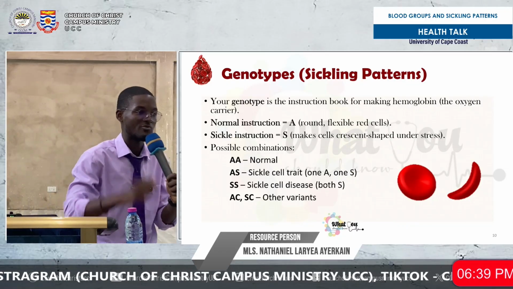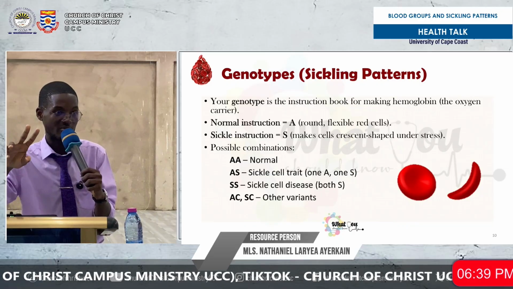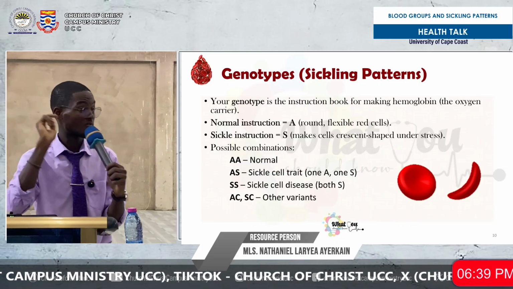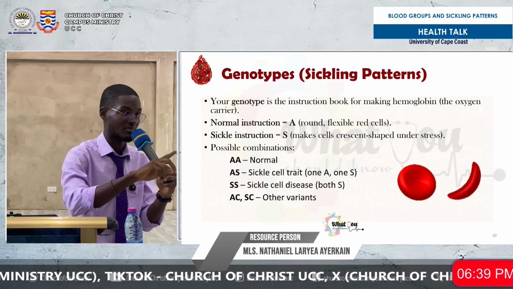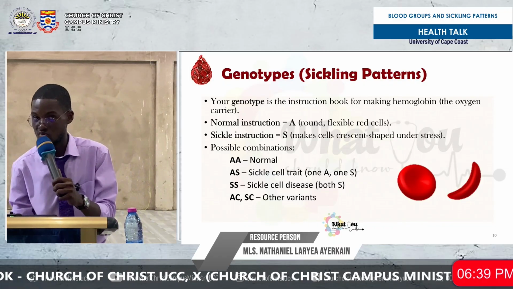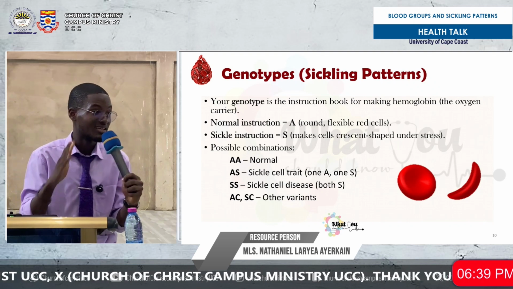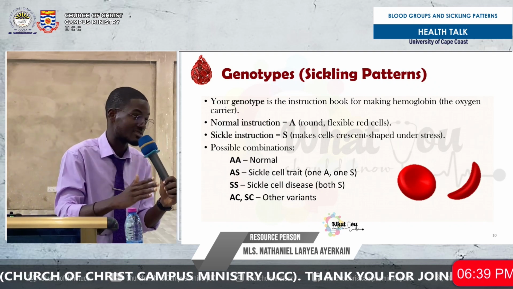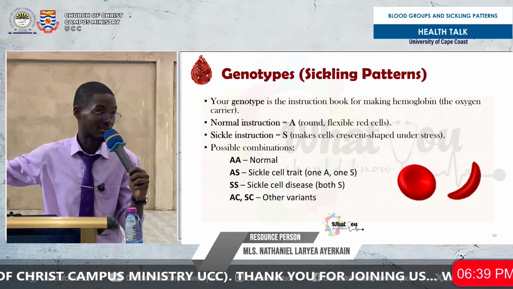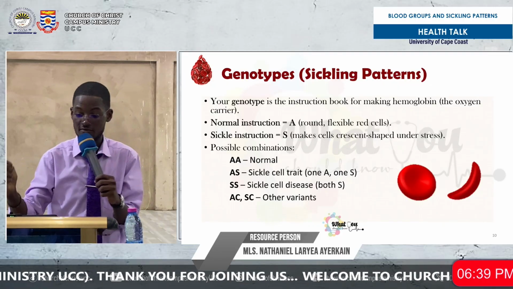That is why when we are writing genotype, you see two alphabets. One of the alphabets you got from your mom, one from your dad. It's not something you can choose, it is given to you. So whether you like it or not, if you are AS, if you are SS, go and blame your father or your mother.